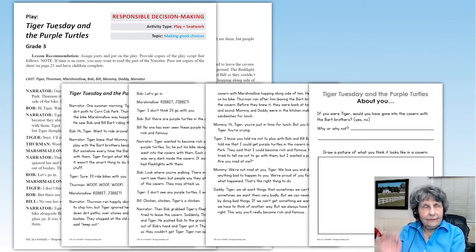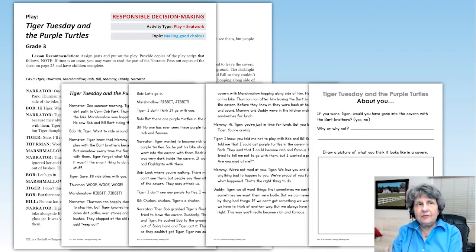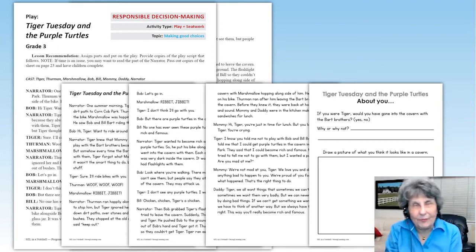Third grade again. This is an interesting one. This is a play. All of these come from my reading program. This one is working with the R-controlled vowels. You can see the turtles and the purple.